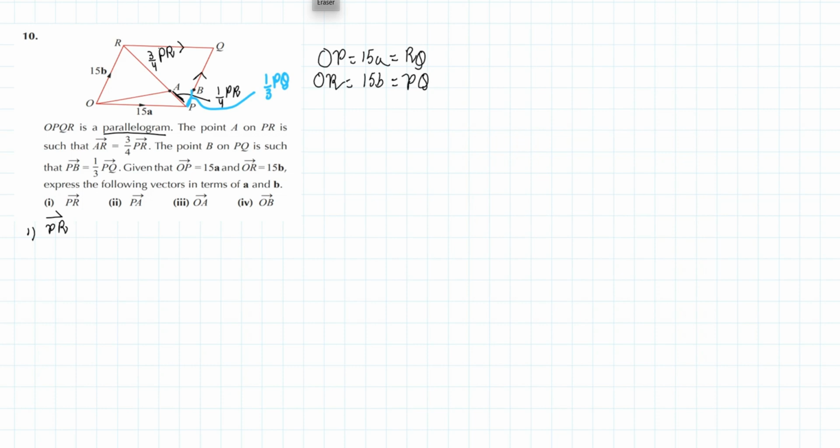First you have to move from P to Q, and then Q to R.